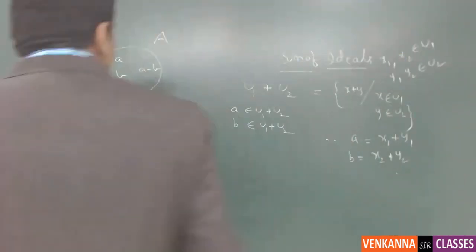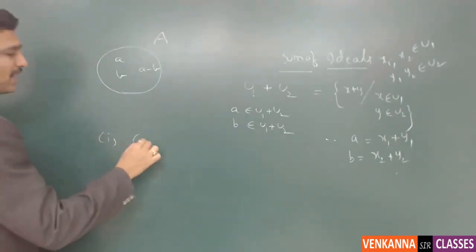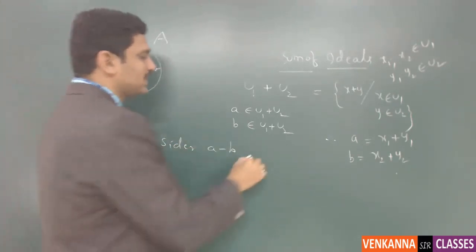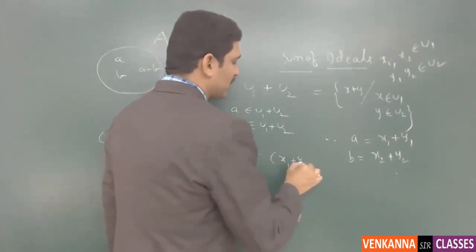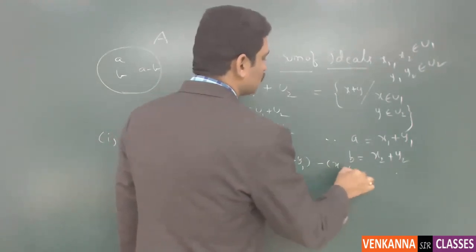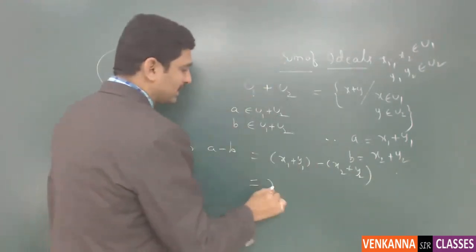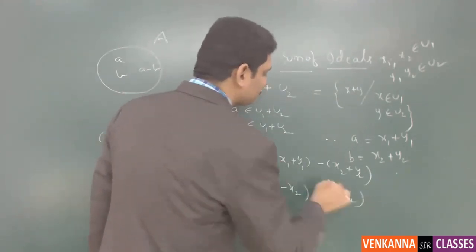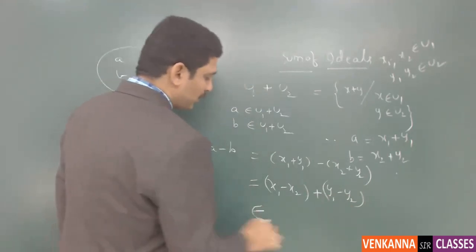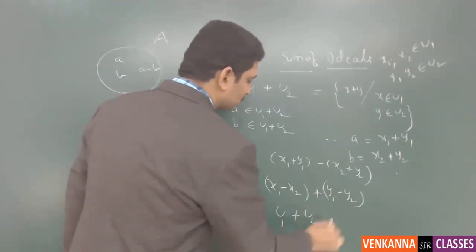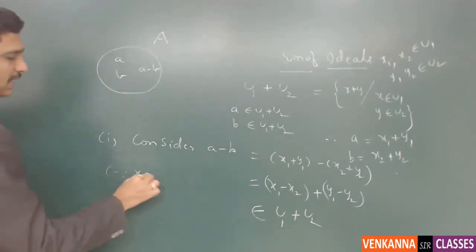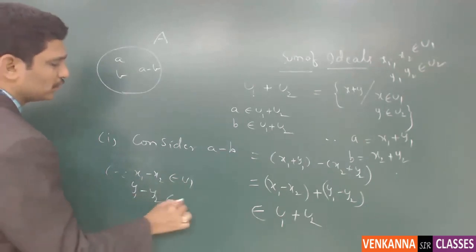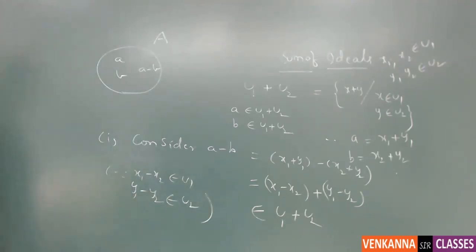Now, applying the first condition, you consider a minus b. This is nothing but x1 plus y1 minus of x2 plus y2. You can write it as x1 minus x2 plus y1 minus y2. So this value belongs to U1 plus U2, since x1 minus x2 belongs to U1 and y1 minus y2 belongs to U2, as they are ideals.